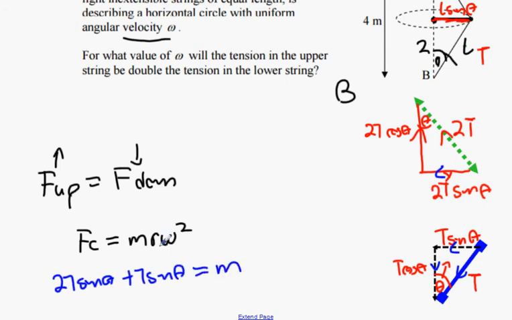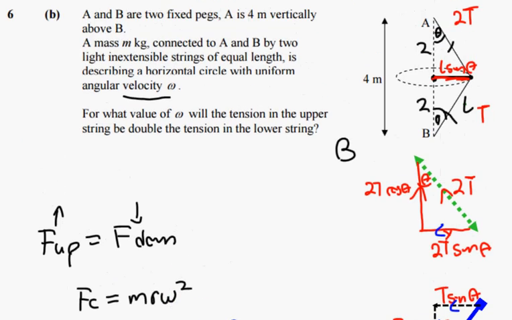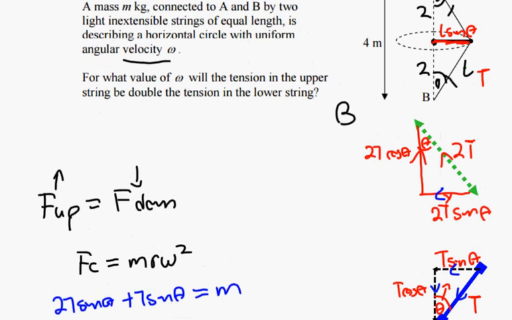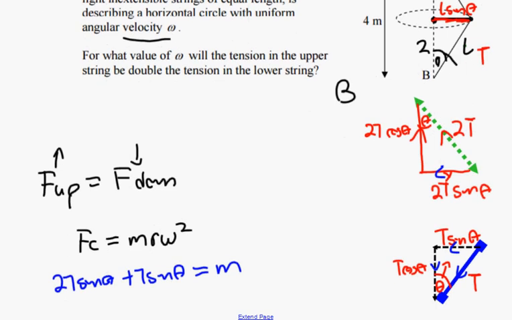Now what's our radius? Our radius is L sine theta, isn't it? So radius here should be L sine theta. Yeah, the radius of the motion is L sine theta. And then omega squared.